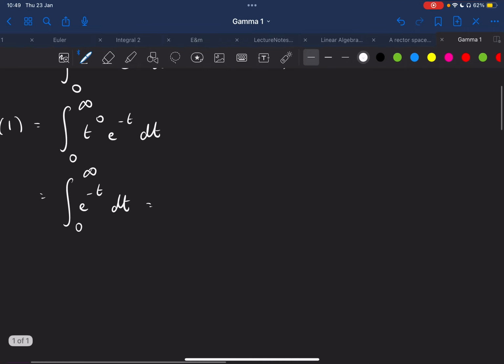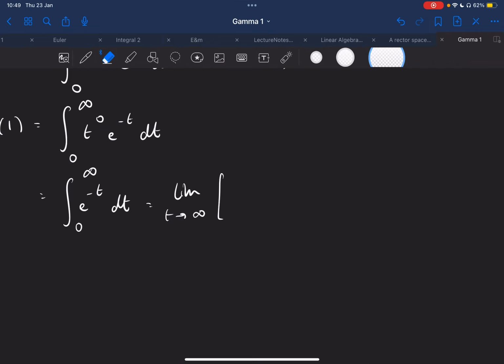And that is just going to be the limit as n approaches infinity of minus e to the minus t. So we integrate e to the minus t between n and 0.